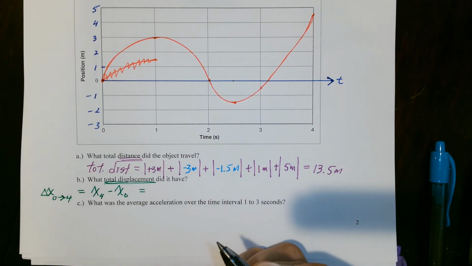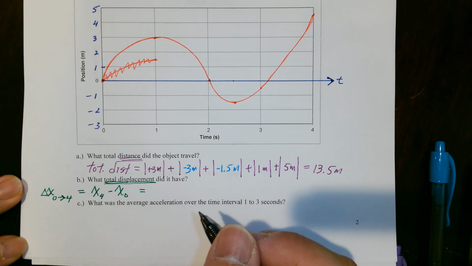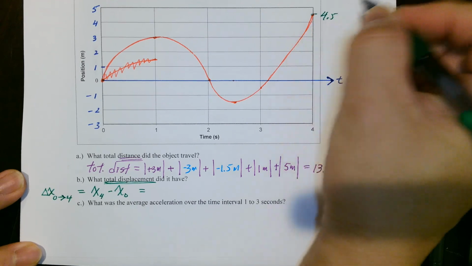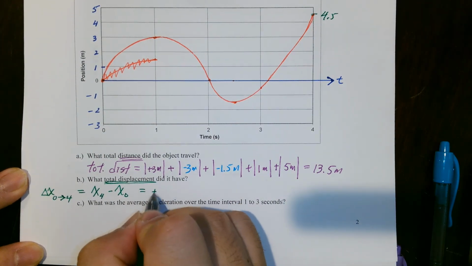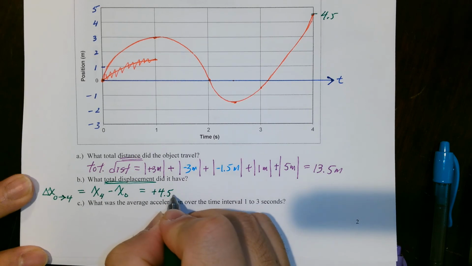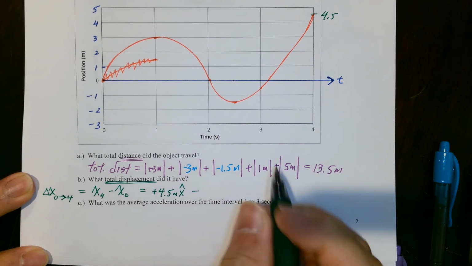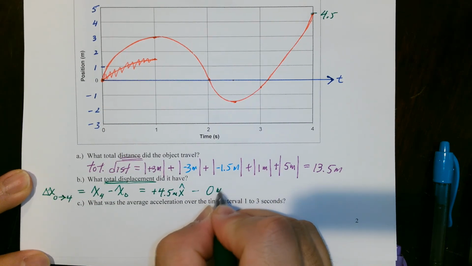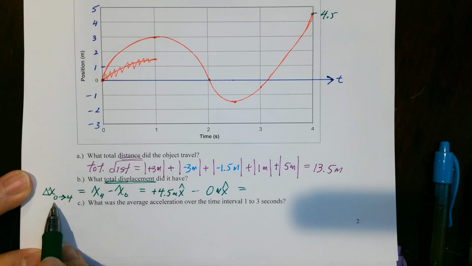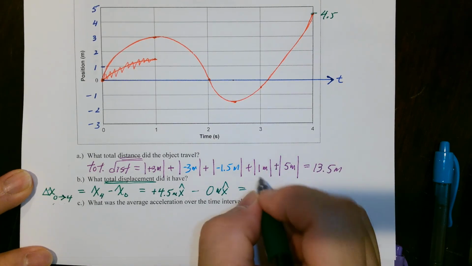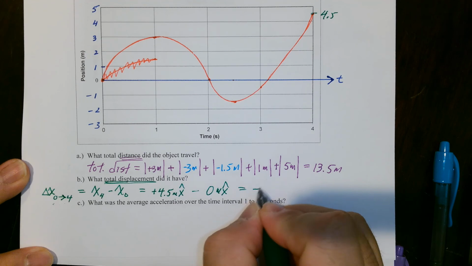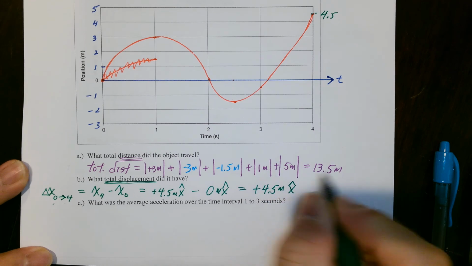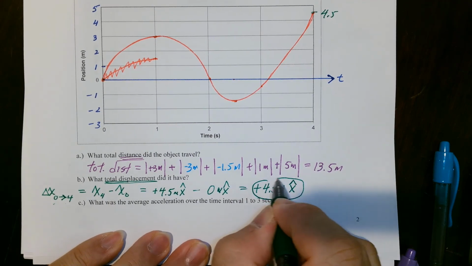At 4 seconds, I see it as 4.5. Minus, at 0 seconds, I see 0. Therefore, the total change in position, or the total displacement, is positive 4.5 meters x hat as the correct answer.